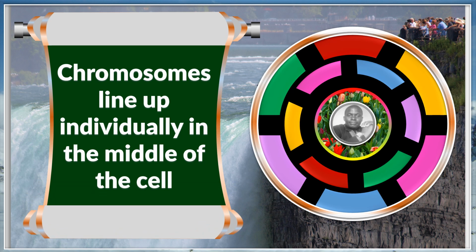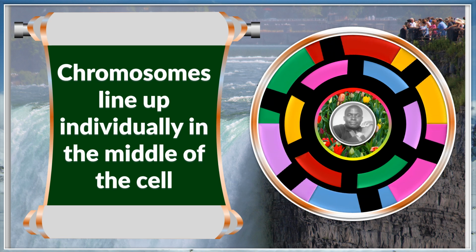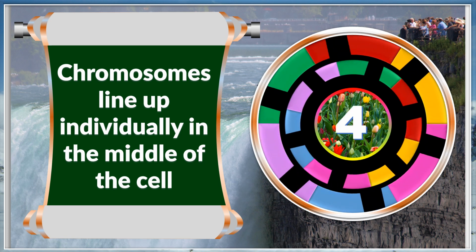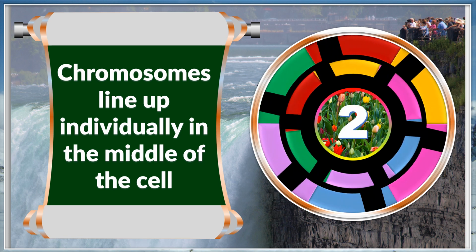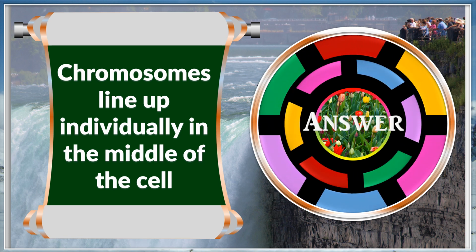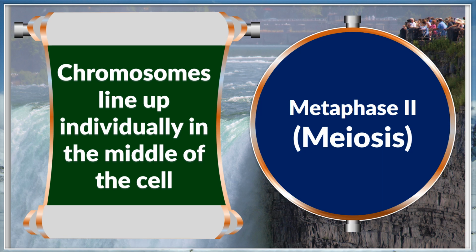Chromosomes line up individually in the middle of the cell. Metaphase II, meiosis.